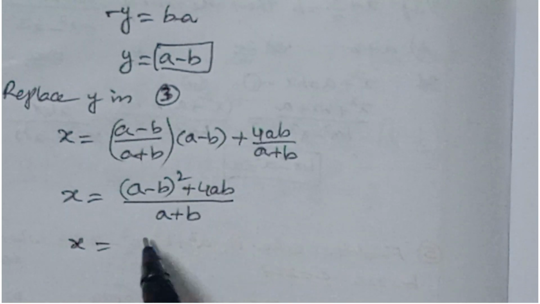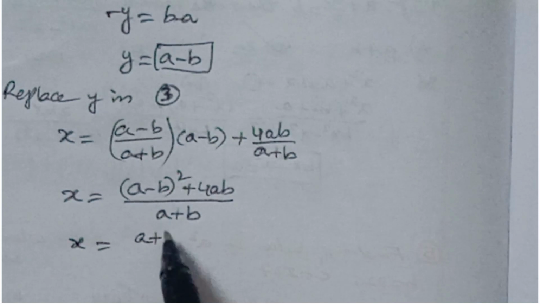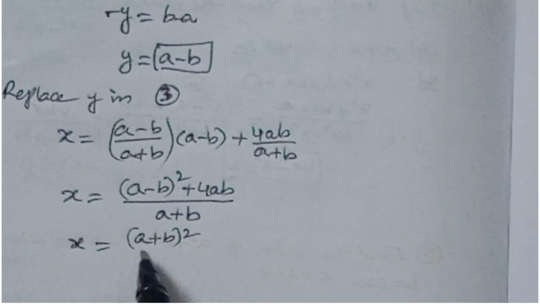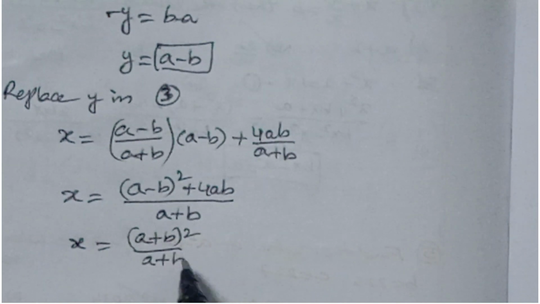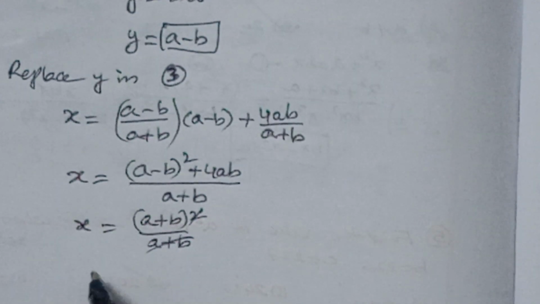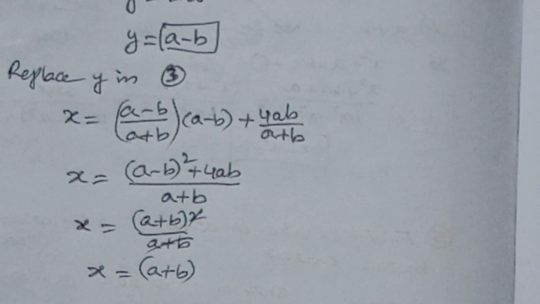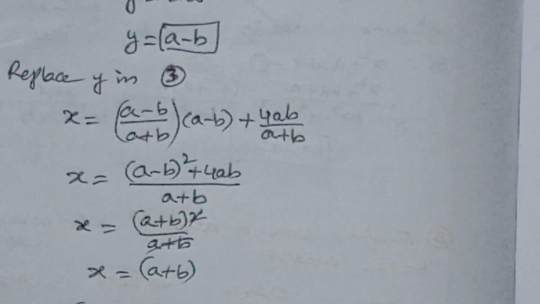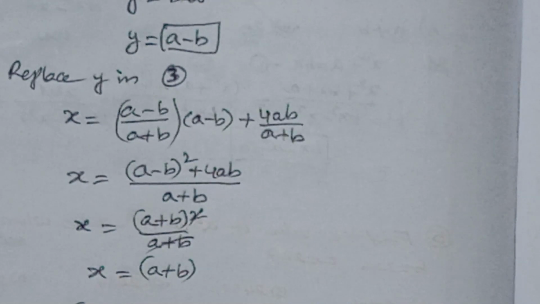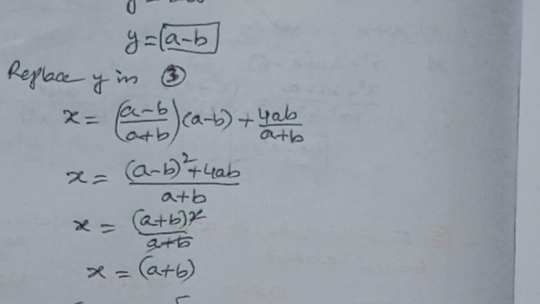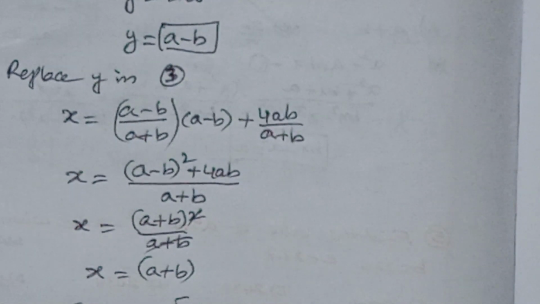If you write this formula, you will get (a+b)²/(a+b). So the square and this one cancel, x = a+b. Therefore (x, y) = (a+b, a-b).